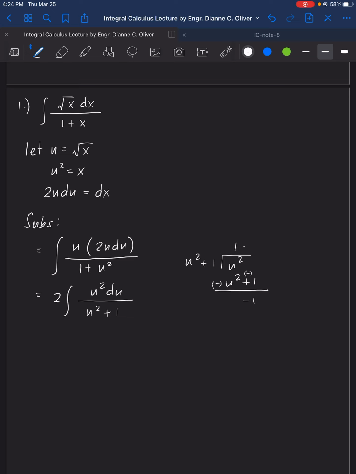So the answer is 1 minus 1 over u squared plus 1. Then, right here, 2 times the integral of 1 minus 1 over u squared plus 1. Don't forget the du.